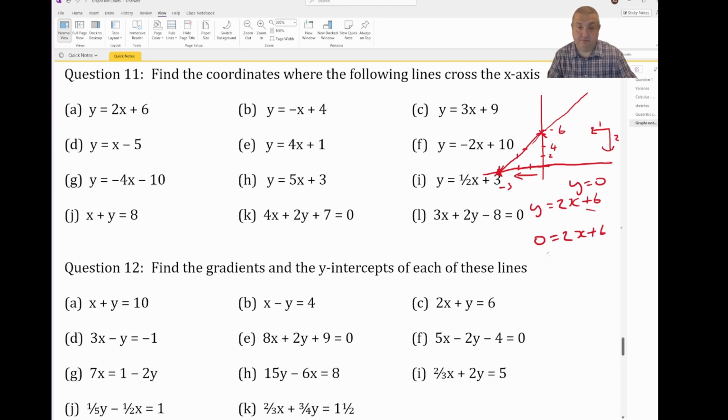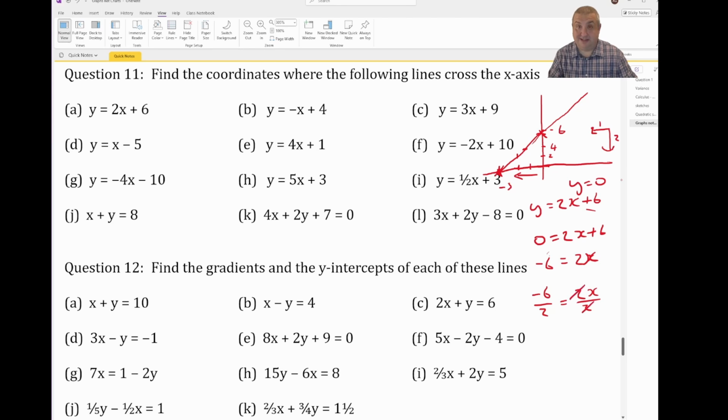Let's rearrange it. Let's take 6 from both sides to start with. So minus 6 equals 2x. It's true, we've done the same to both sides. Sorry, we took 6 from both sides. Now we need to get rid of this 2. So if we divide both sides by 2, we get minus 6 over 2 equals 2x over 2.